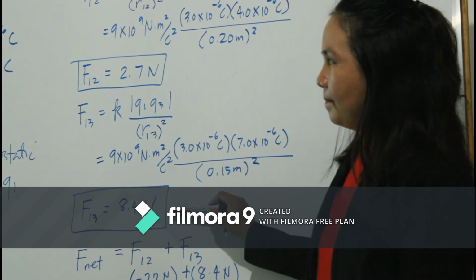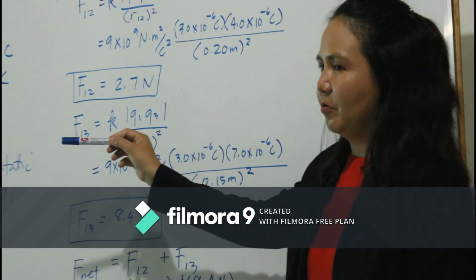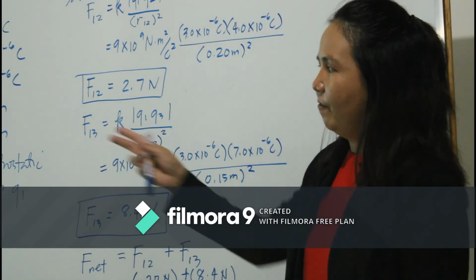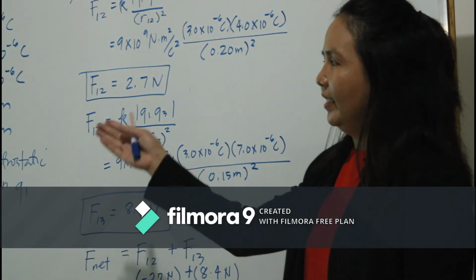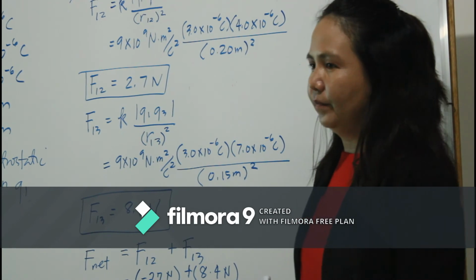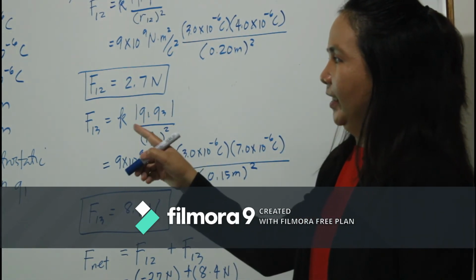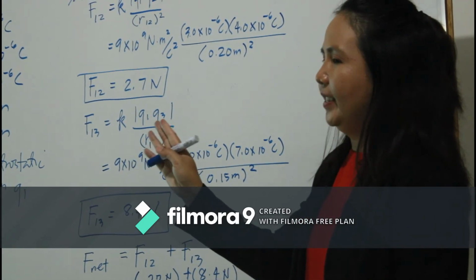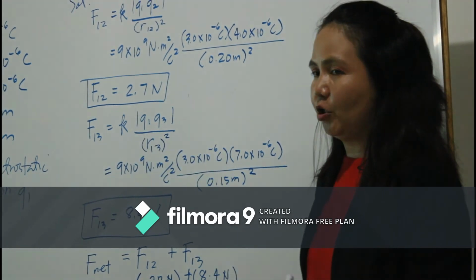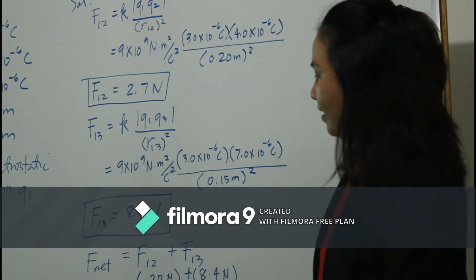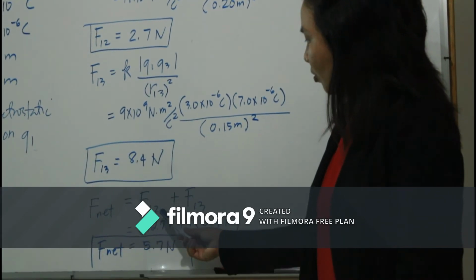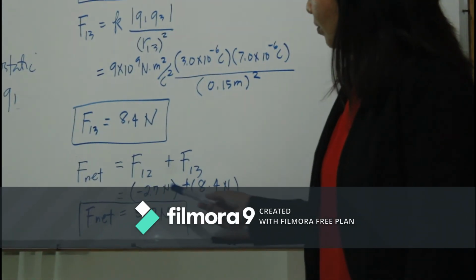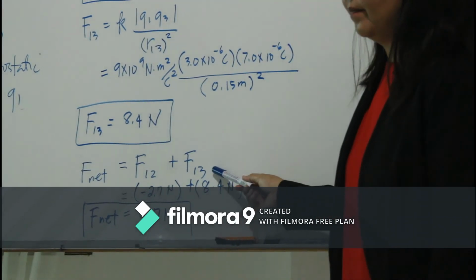Since in the free body diagram, F1 and 2 points in the negative x direction, and force 1 and 3 points in the positive x direction, then the net force is the vector sum of F1 and 2 and F1 and 3.